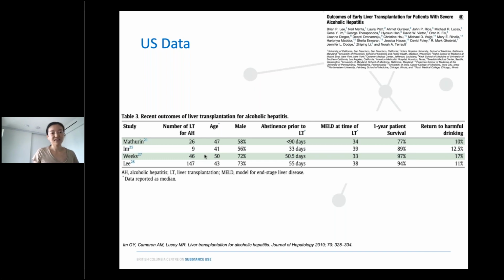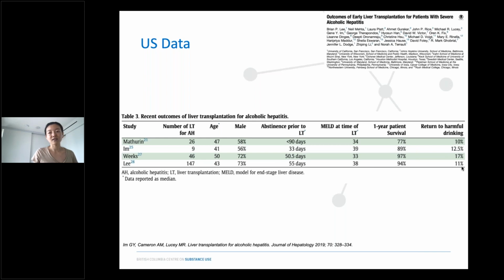The US data across the Atlantic is also quite supportive. I'm referring to Weeks and Lee in particular, looking at abstinence prior to liver transplantation, again for alcohol-associated hepatitis. They transplanted in the same way, the sickest of the sick, again less than 30 days, through that exceptional pathway. Very, very sick, with a MELD score of more than 30, almost 40 at the time of transplantation.